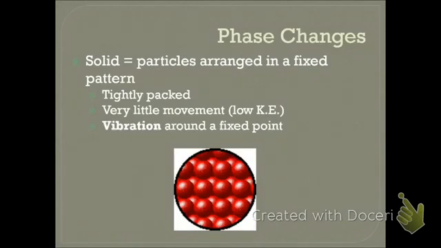First one we're going to look at is a solid. Solid particles are in a fixed pattern. That means that they are tightly packed. They have very little movement, which means they have a low kinetic energy with very little movement. And they vibrate around a fixed point. Why? Because those particles have energy in them. Remember we talked about potential energy, PE?